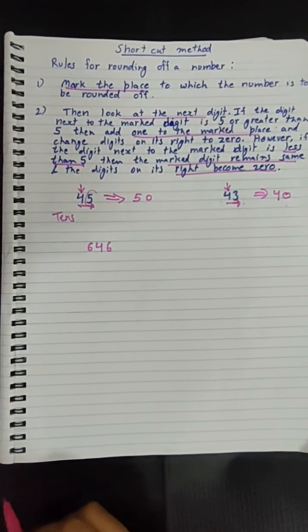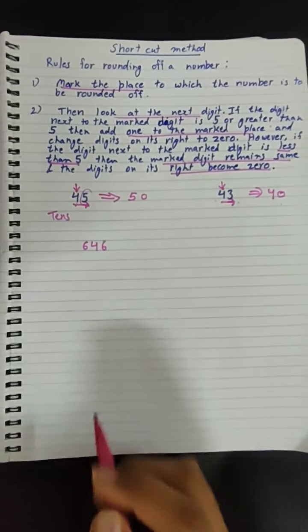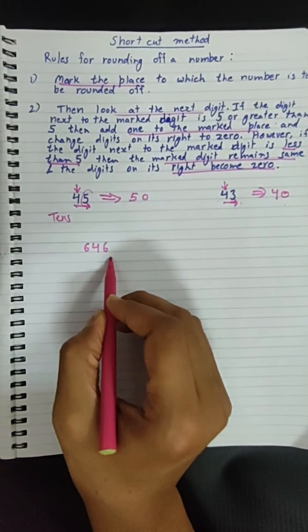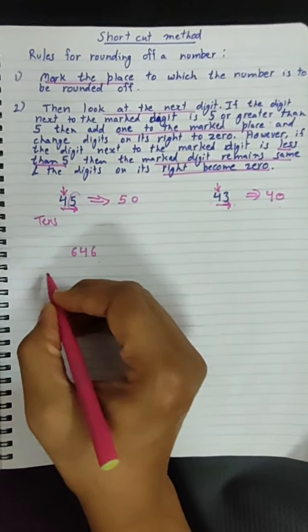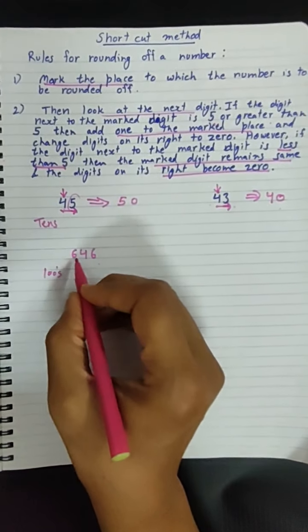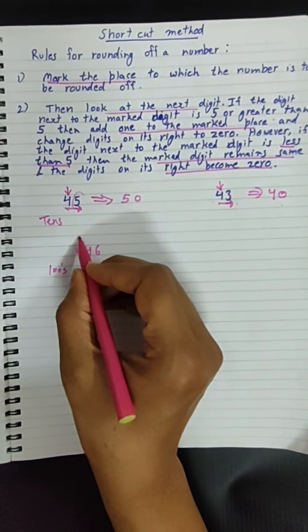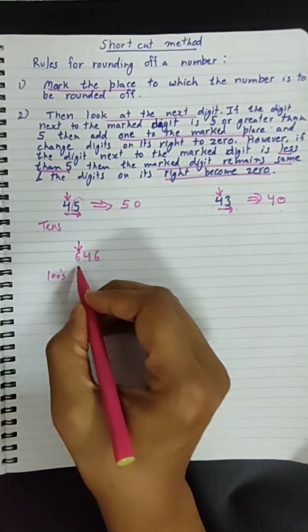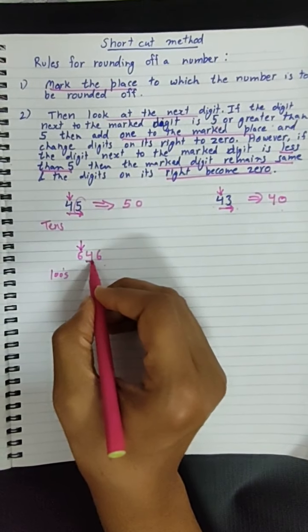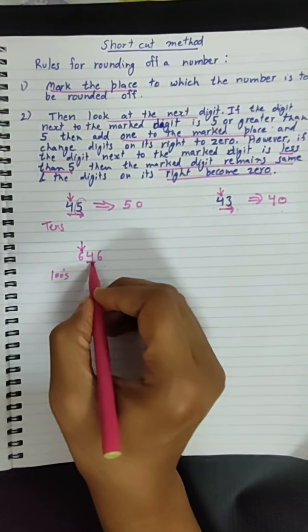Here is an example of larger numbers. Suppose we have a number 646 and this is to be rounded off to the nearest hundred. While rounding it off to the nearest hundreds, first of all we mark the hundreds place. Then we look at the digit written next to the marked digit.